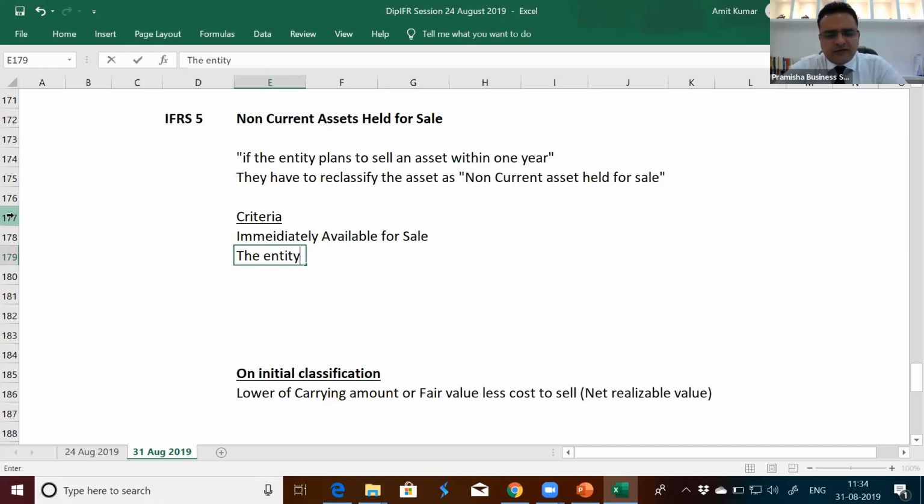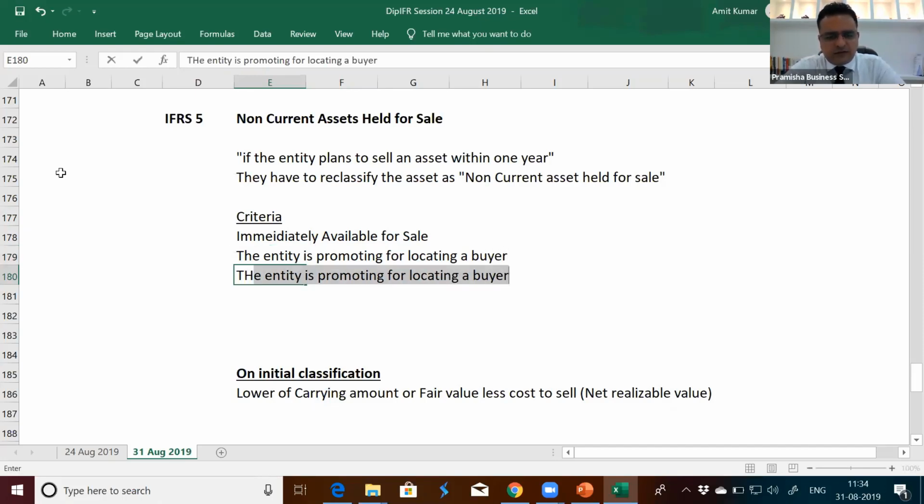The entity is promoting for locating a buyer. They have decided to sell it, and there is no intention to change the plan.